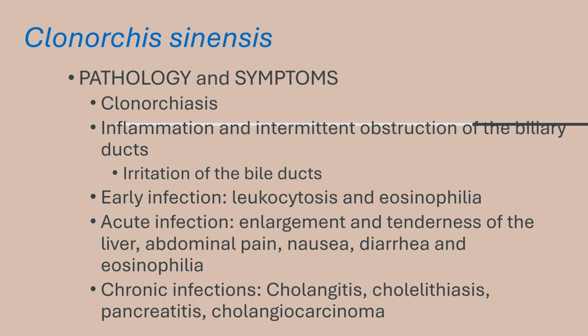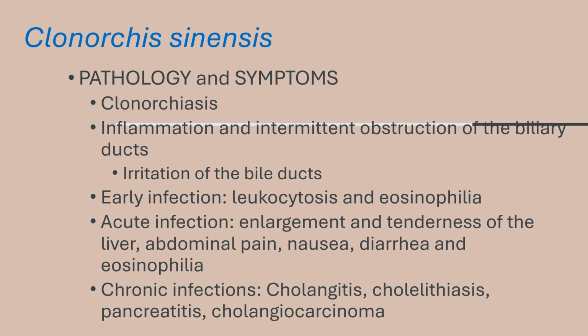Inflammation and intermittent obstruction of the biliary ducts will cause irritation of the bile ducts. Please note that the lesions are confined mainly to the biliary tract system, and these lesions are a result of mechanical irritation and toxins that are produced by Clonorchis sinensis adults.